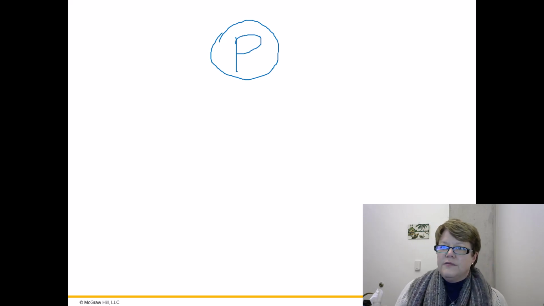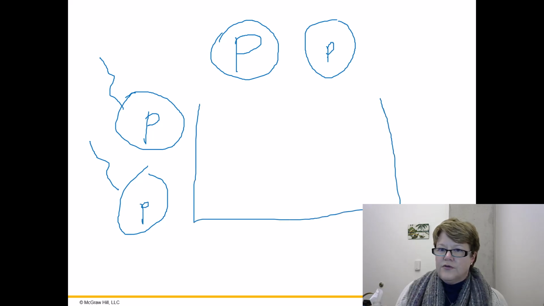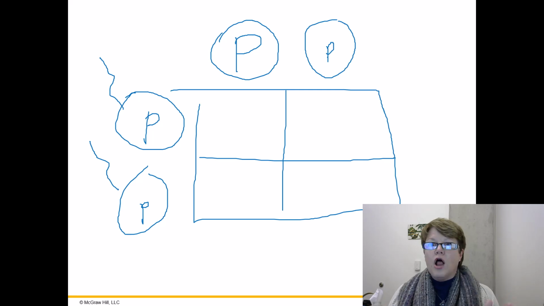Some of the eggs carry a big P, some of the eggs carried a little p, some of the sperm carried a big P, some of the sperm carried a little p, and I put tails on my sperm. And these are outside the grid. And then inside the grid are all the possible ways they can come together. And I'm just keeping it organized so I know that I got them all.